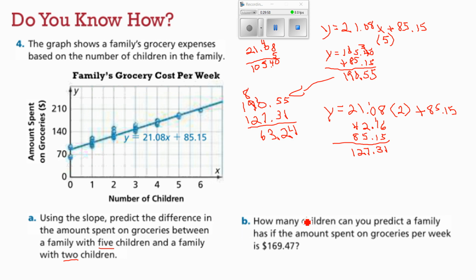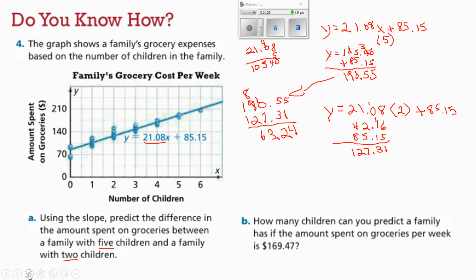prices here. Okay, and I think this could have been a lot easier when you think about it, because if this is the number of children, then this here represents how much it needs to feed one child. We could have just multiplied this number by 3 and got the same number. Okay, but I did show you using the equation like they wanted you to.